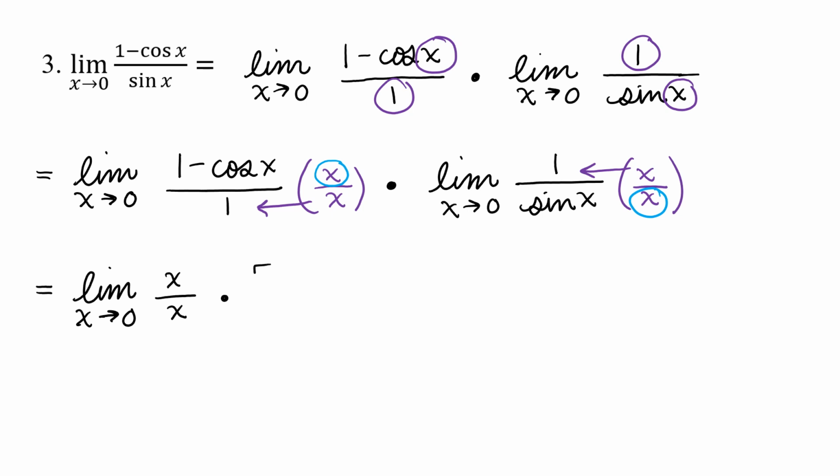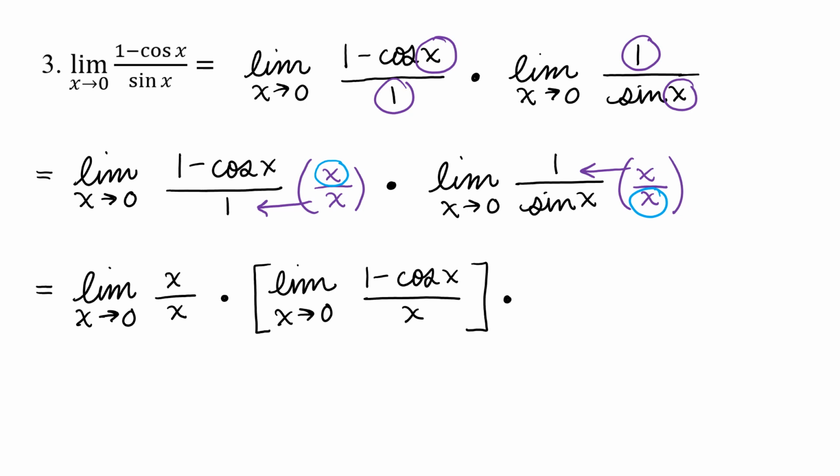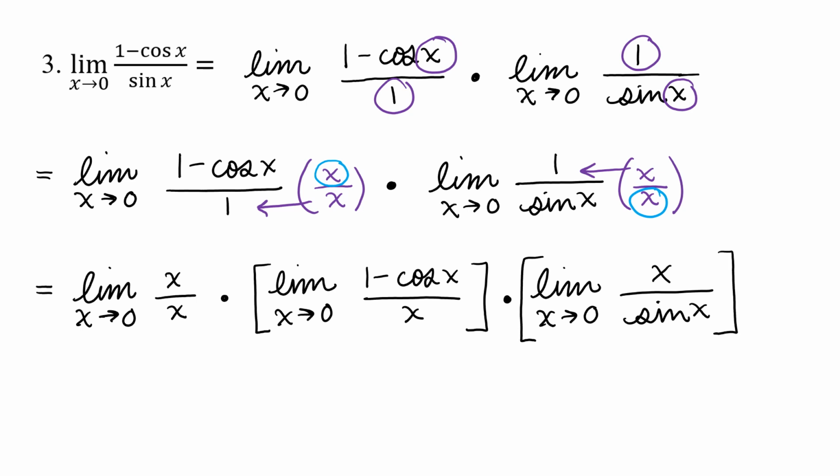And that will be times the limit as x approaches 0 of 1 minus cosine of x over x times the limit as x approaches 0 of x over sine of x. So the limit as x approaches 0 of x over x, because these x's divide out to 1, will just be equal to 1.